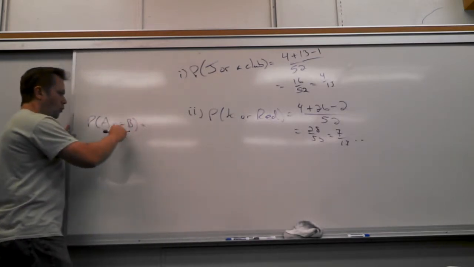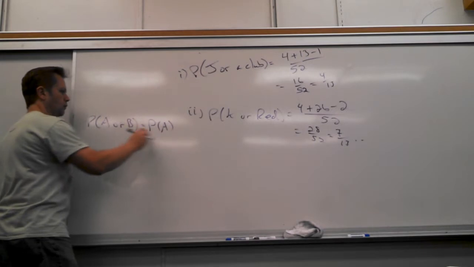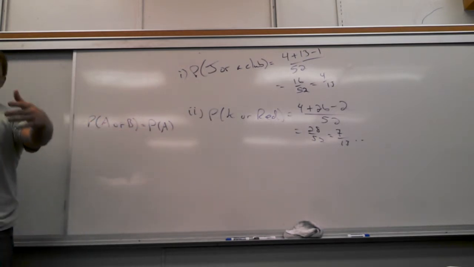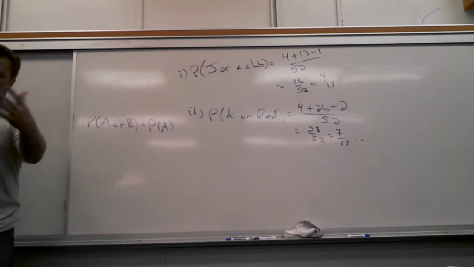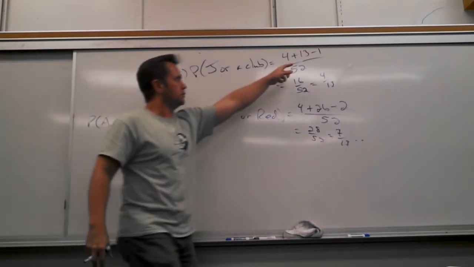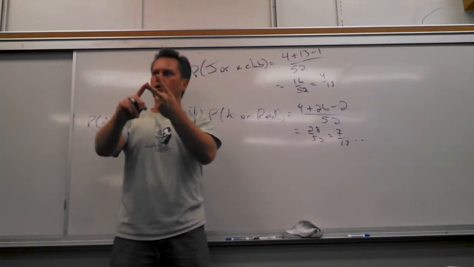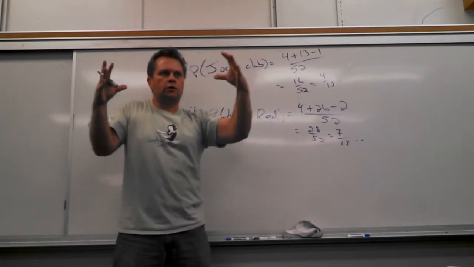So "or" is basically add. That's why I call "or" the nice bouncer. The nice bouncer in front of a club, you can have a lot of people in that club if it's a good card. The mean bouncer, the "and," always makes it less and less and less. Look at that number. That number is damn small. There's only one card that is jack and clubs. So "and" is always very restrictive.